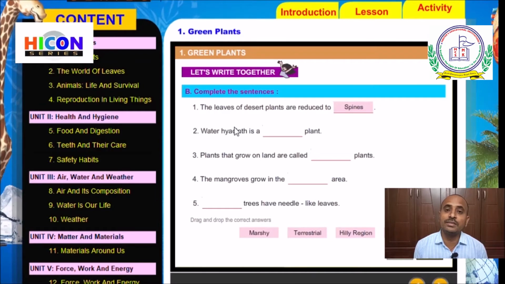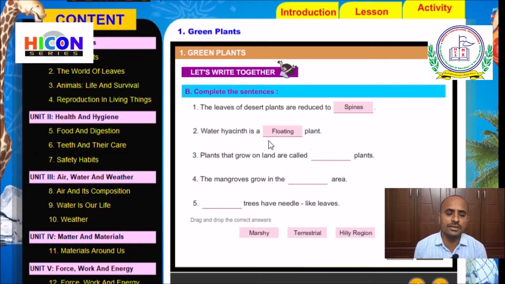Among these 3 types, water hyacinth belongs to the floating plant category. So the answer for the second sentence is floating. Water hyacinth is a floating plant.